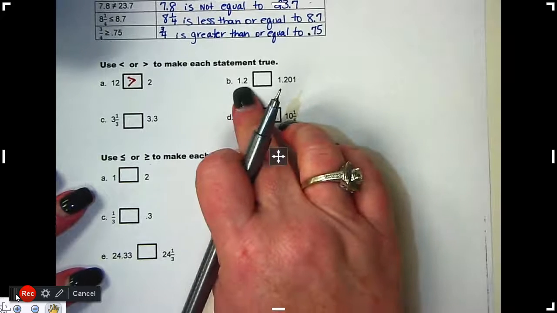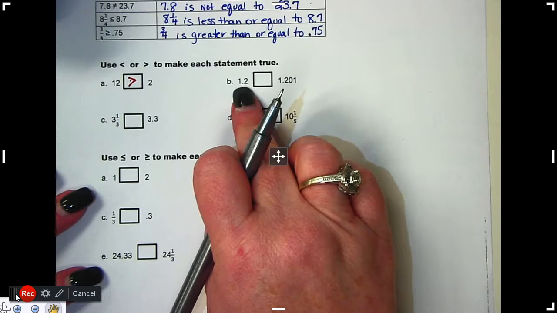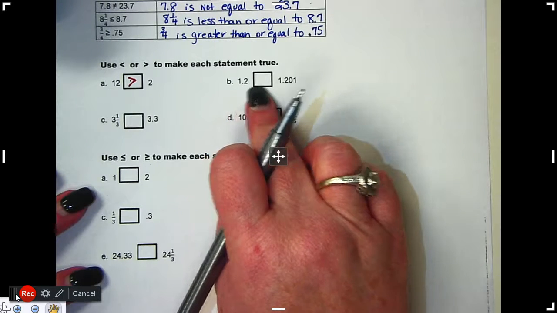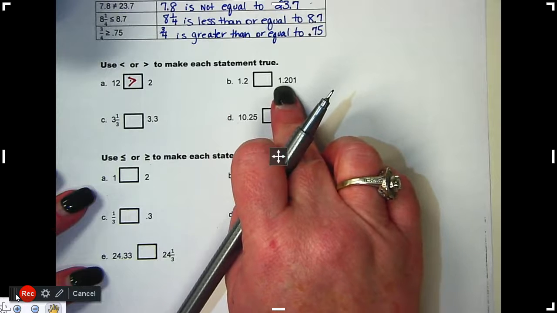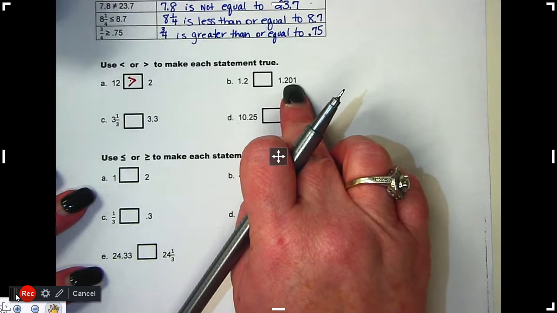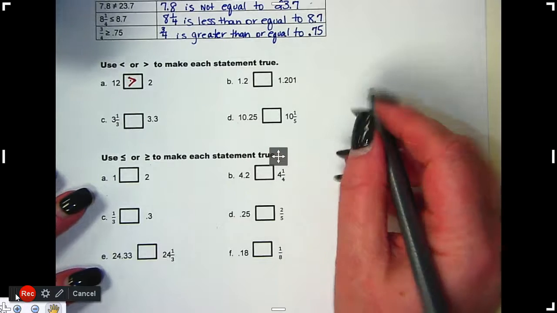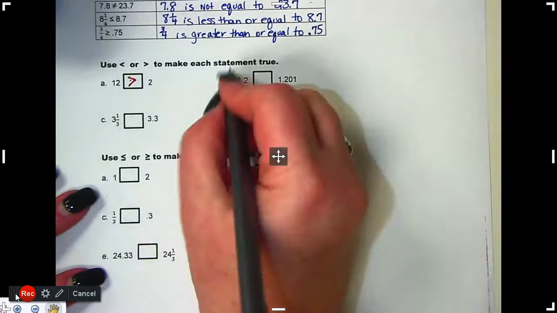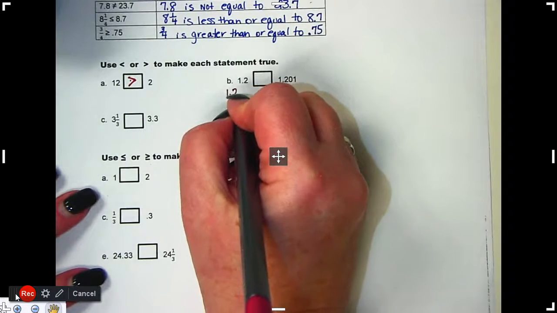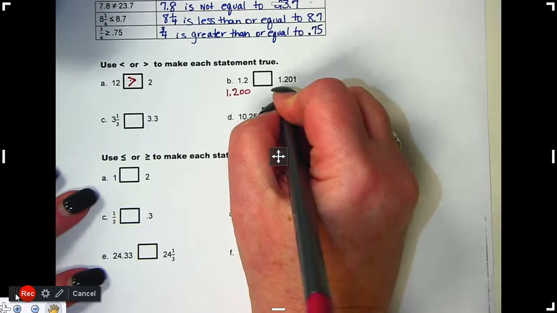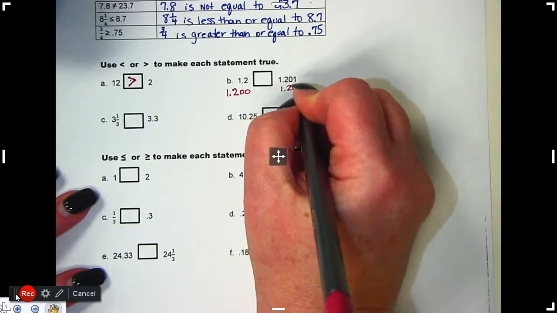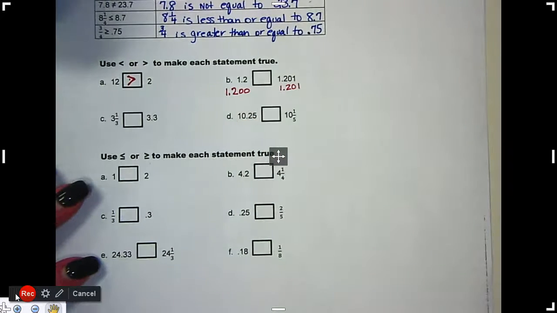All right, let's think about this. 1 2/10, is that greater than or less than 1 201 thousandths? So I think we need to add some zeros. 1.200, 1.201. Which one's bigger?